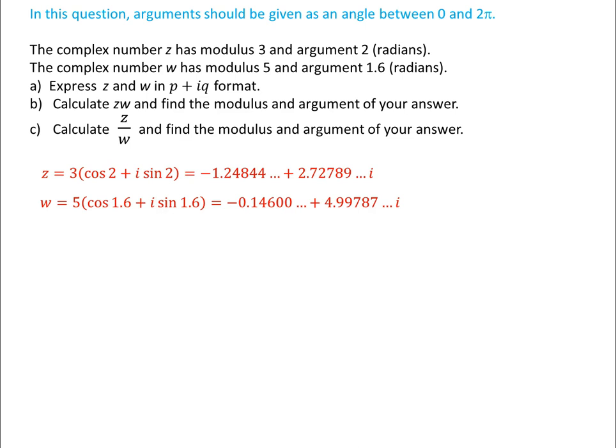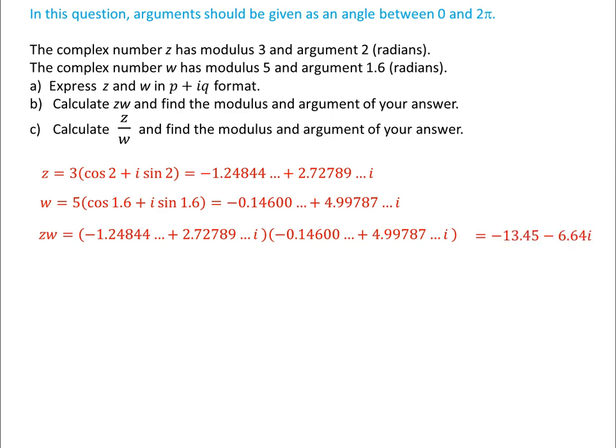So we can now find z times w by multiplying together the answer for z by the answer for w. And again, if we use our calculators for this complex number calculation, we end up with z times w is minus 13.45 minus 6.64 i.